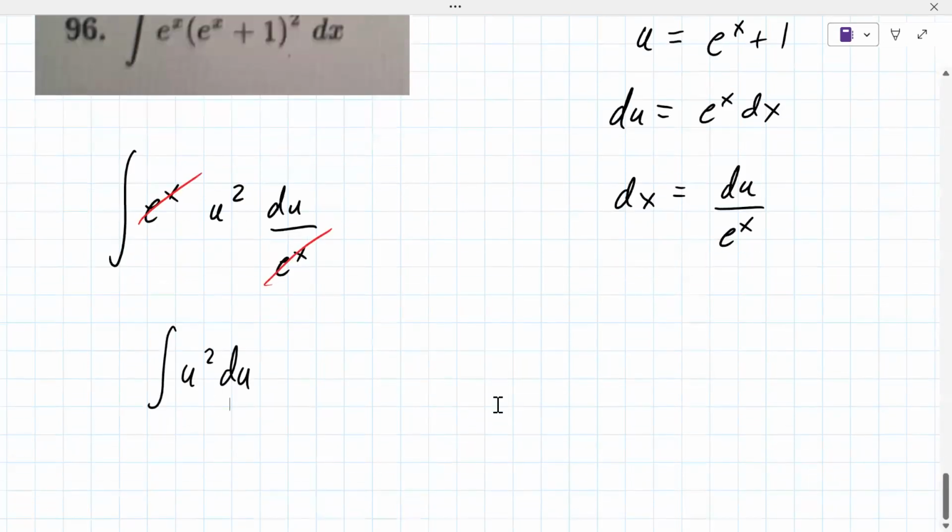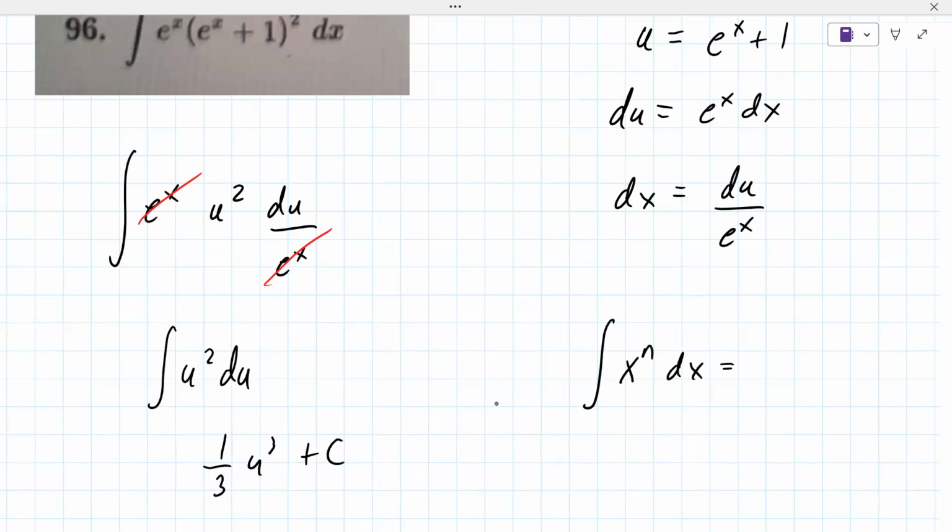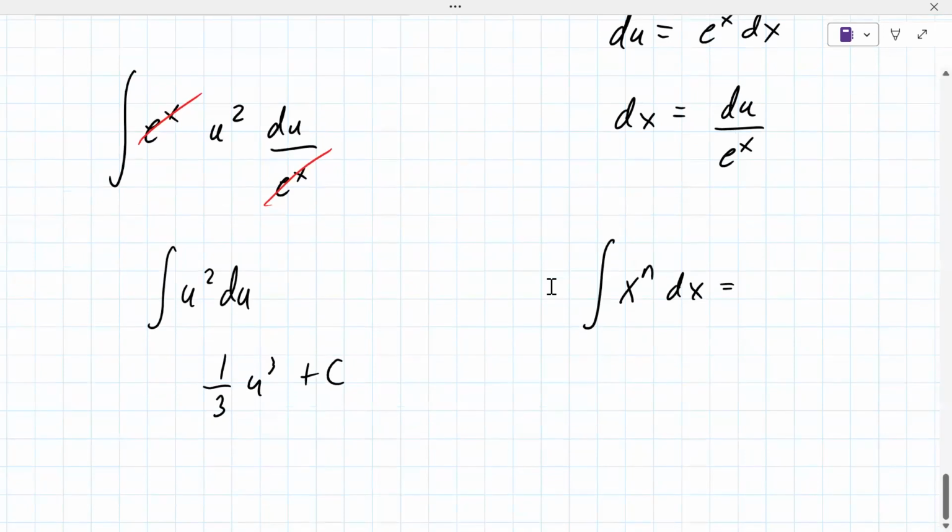Do you remember that? Use u to the third over 3. Yeah, 1/3 u cubed plus c. We'll put that u back in. So it becomes 1/3 e to the x plus 1, cubed, plus c.